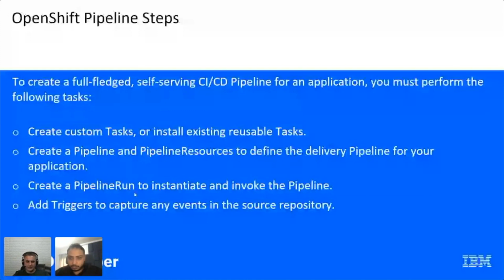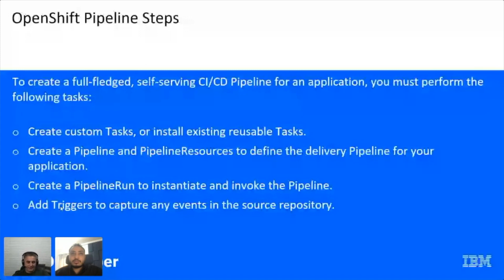So you first create tasks, you attach them to a pipeline. You can have pipeline resources if you want as well. You usually always have that. And then you define a run, which is an instance of your pipeline with specific settings. So I want to build this application. I want to deploy this specific application. So you have a pipeline run per, for example, microservice.